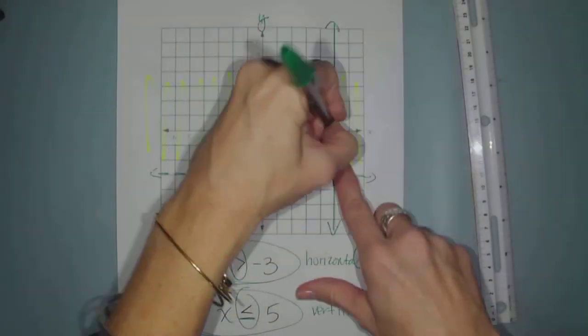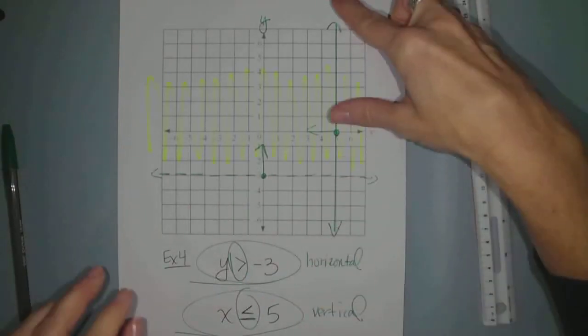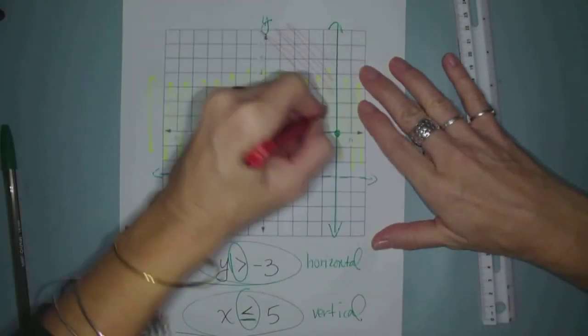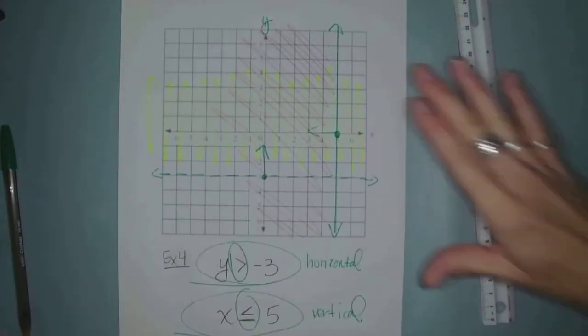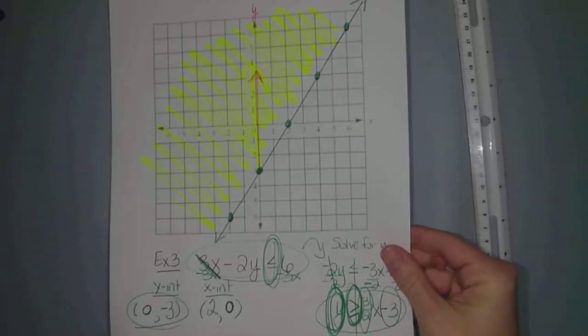So put your pencil here. X less than would go that way. So if I was doing this vertical line, x less than, then I would color this side of my vertical line in red. Okay, so there are 4 examples of how to graph linear inequalities.